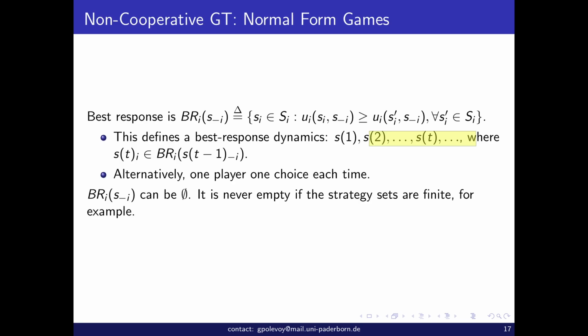Another dynamics is when they choose one player at a time. So first, all the players don't move, and then player 1 chooses her best response to what the others do. Then, let's say round robin, player 2 chooses the best response to what the others now do, taking into account that player 1 has changed what she did. Then player 3 takes into account the change in player 1 and player 2 strategies, and changes her strategy to be a best response, maybe one of many, to what others do, and so on.